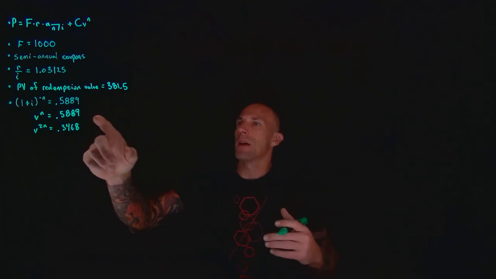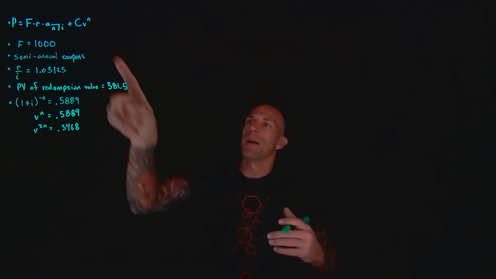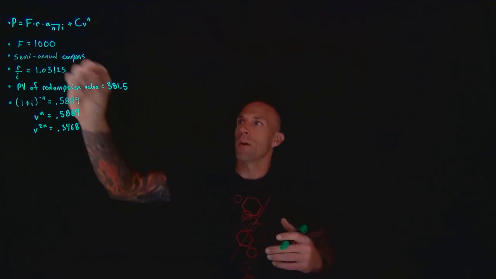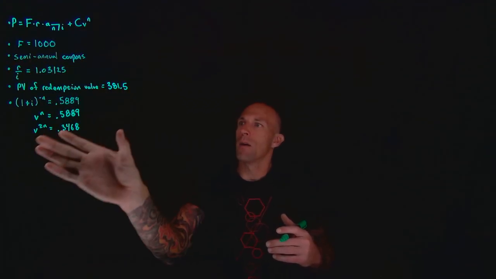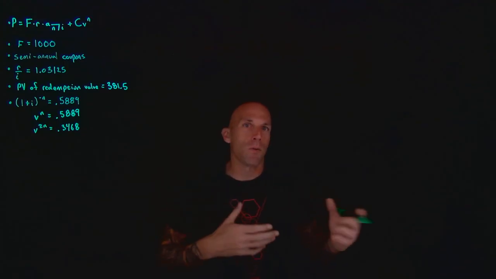But in this case, they've told us that the present value of the redemption value of the bond is this 381.5 right here. So we're going to take our generic bond formula, plug in the information that we have, and then the answer is going to follow.